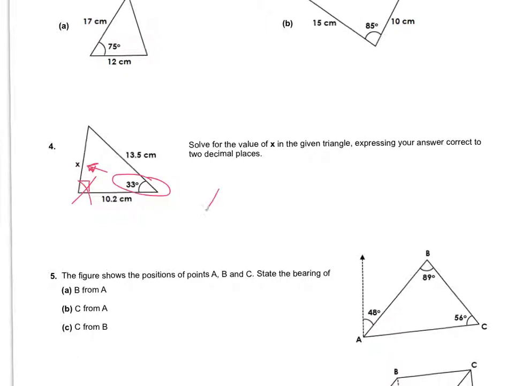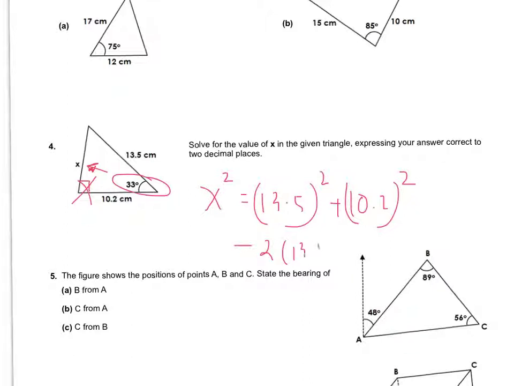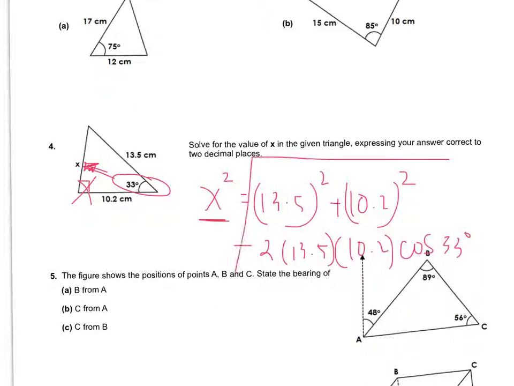So you have x squared is equal to the other two sides, 13.5 squared plus 10.2 squared, minus 2ab, so 2 times 13.5 and 10.2, times the cosine of the angle in between, which is 33. Always start with the side opposite the angle, so that is your x squared. After that, you can just put everything in the calculator, and that will be the value of x squared.